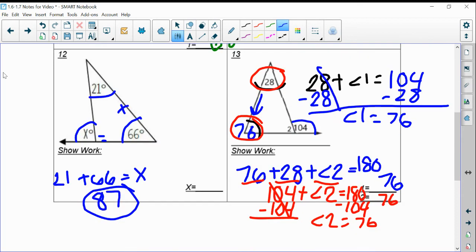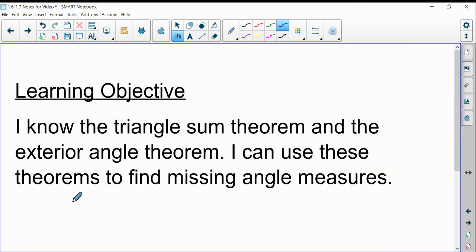All right. So today we talked about our triangle sum theorem, which states the sum, or answer in addition, of the three angles, so the three angles added together, is going to give us 180. And the exterior angle theorem says the exterior angle is the sum of the two non-adjacent angles. We know non-adjacent means it does not touch.